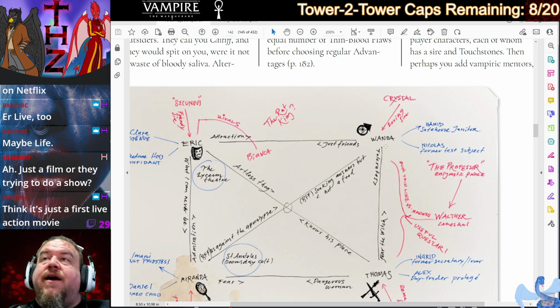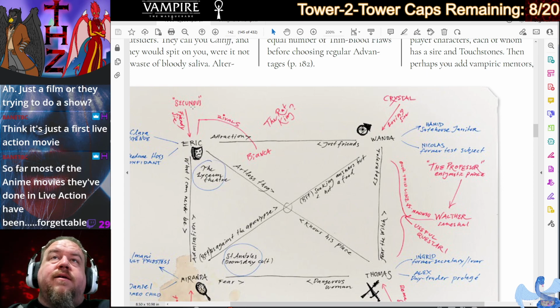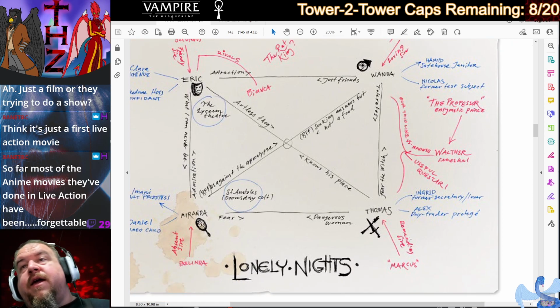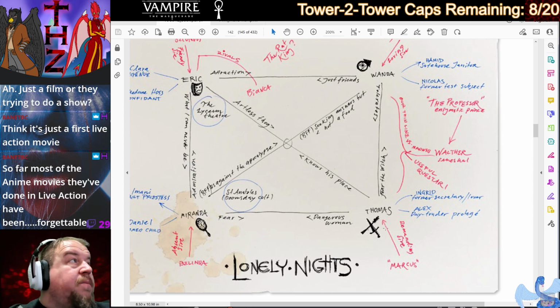In this case, we have for Wanda. Wanda's sire is named Crystal and is a loving sire. The sire of Eric is Secundus and is a friendly sire. Marcus is a remanding sire to Thomas, and we have Belinda is an absent sire to Miranda.